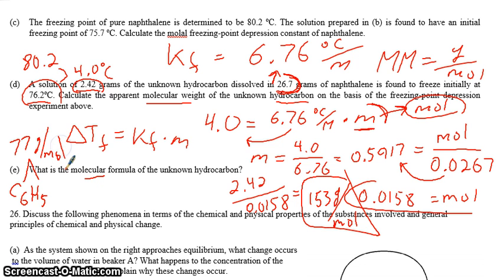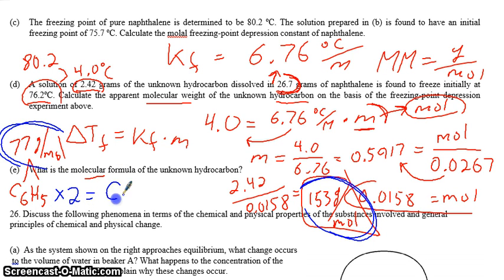Remember, in order to get the molecular formula from the empirical formula, you compare the masses: the mass of the molecular formula against the mass of the empirical formula. Do you see that it's roughly 2 times bigger? 77 times 2 is 154. So we'll multiply this by 2 to get a final formula of C12H10. And here it is.